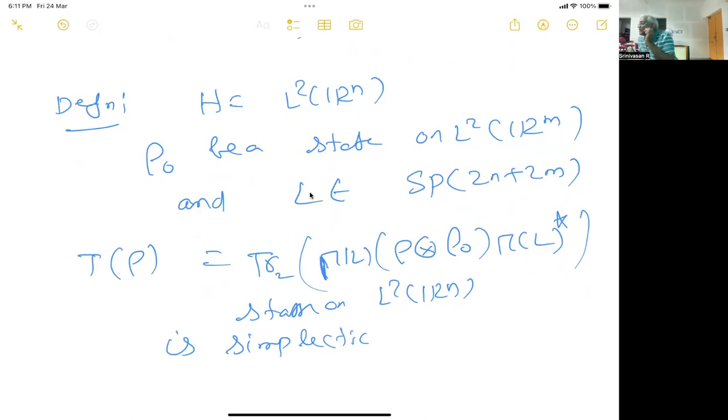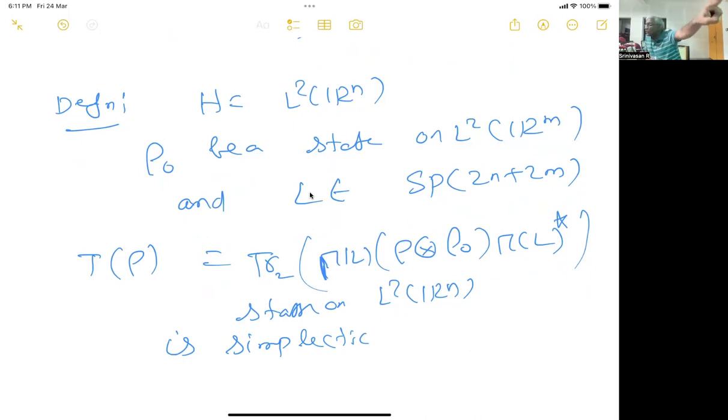Again, a composition of completely positive maps is a completely positive map. Of course, because a composition of positive maps is positive: it takes a positive element to a positive element, and if you apply another positive map, it will again take it to a positive element. The composition of completely positive maps is completely positive. So here we are composing three completely positive maps.